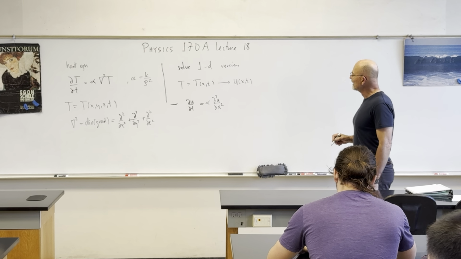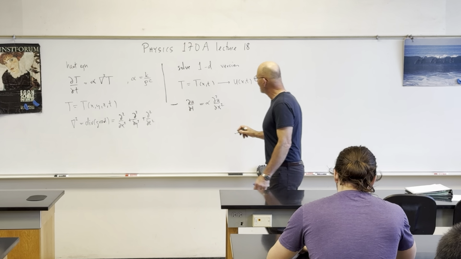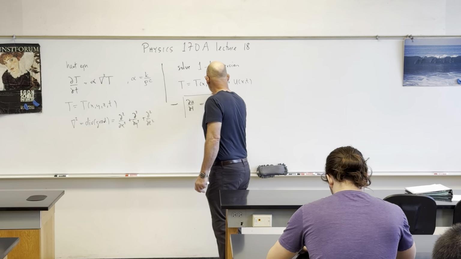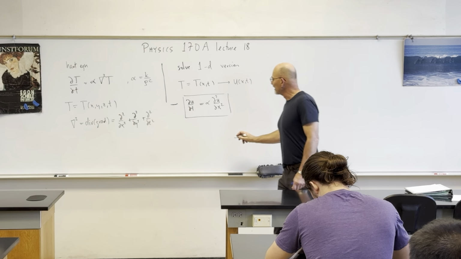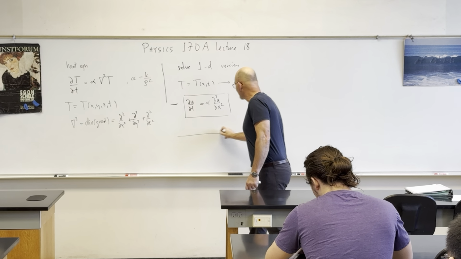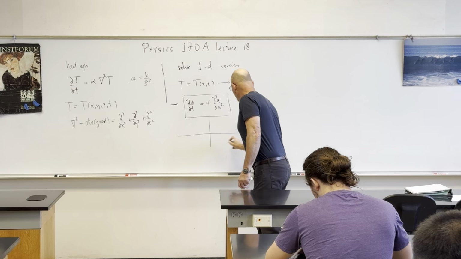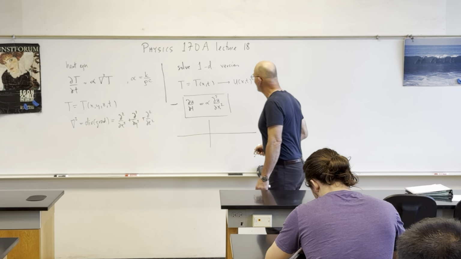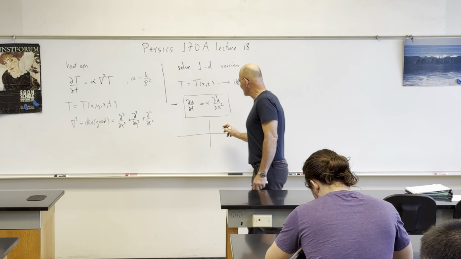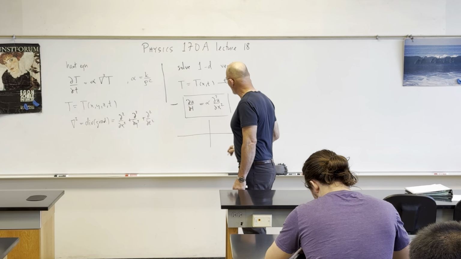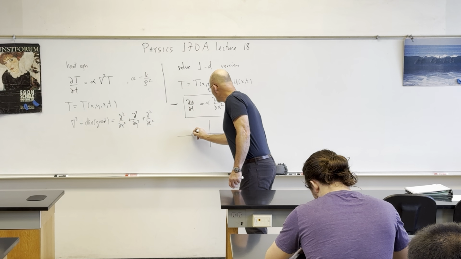Okay. So first of all, physically, we have to solve this thing. But it's good to have some idea of what's going on there. And physically, we could say we've got some temperature distribution on the x-axis, and it's going to have some initial value.